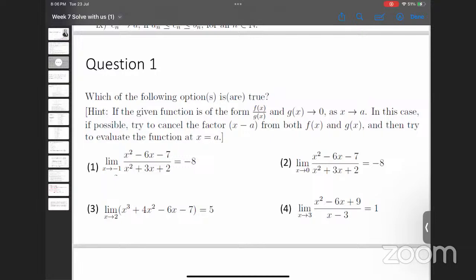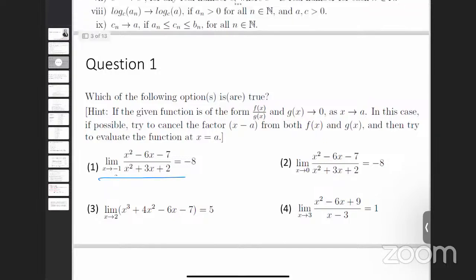Hello, ma'am. Ma'am, how to solve? One hint is x common. You can check whether you can factorize the function, or whether the function is not defined at the point.